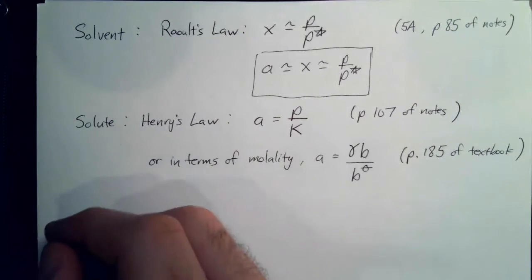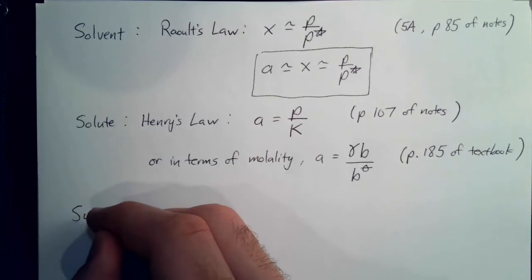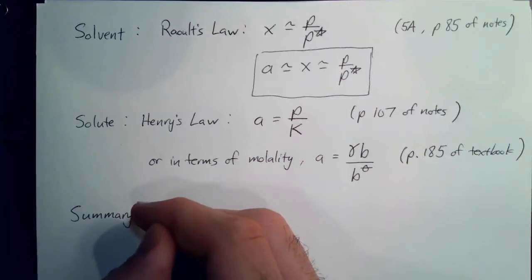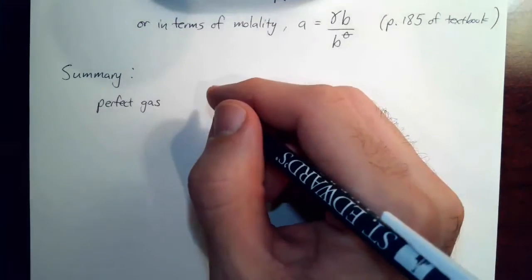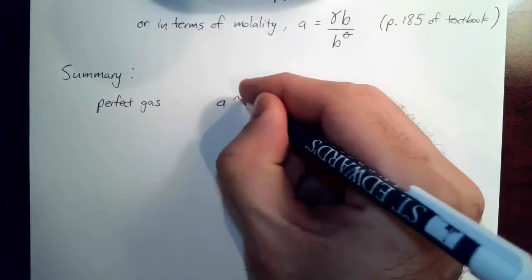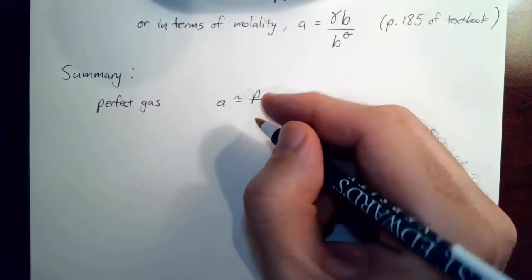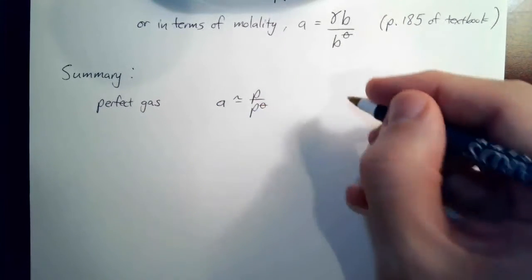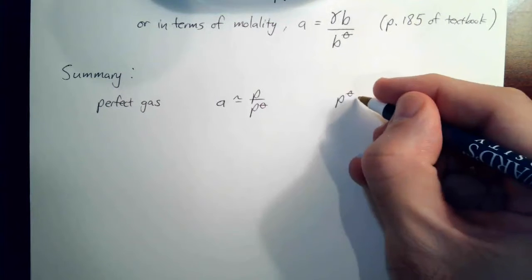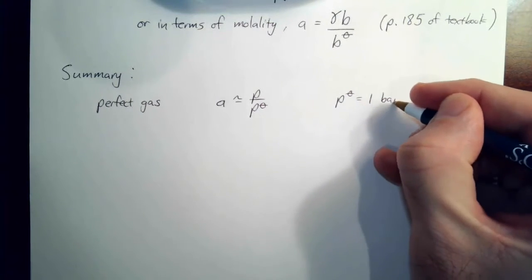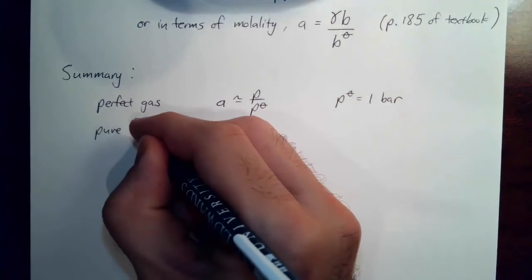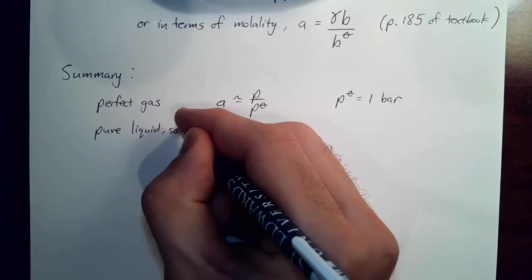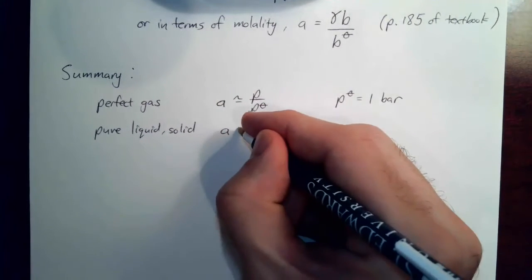Okay, so let me summarize all of these in a table. For a perfect gas, we can estimate the activity as P over P standard, where P standard was 1 bar. For a pure liquid or solid, A is exactly 1.